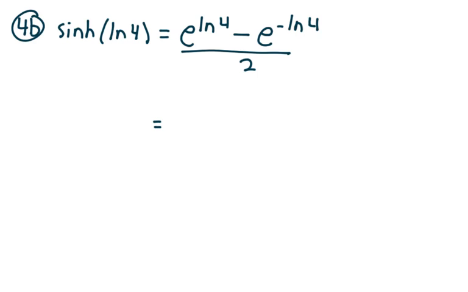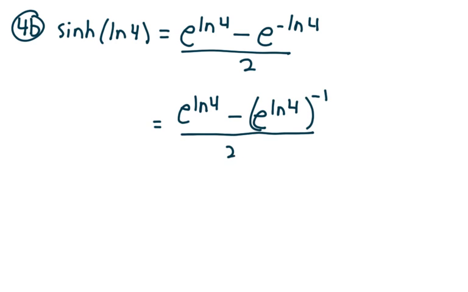But this is e to the natural log of 4 minus e to the natural log of 4 raised to the negative 1 divided by 2, which is 4 minus 4 to the negative 1 divided by 2.